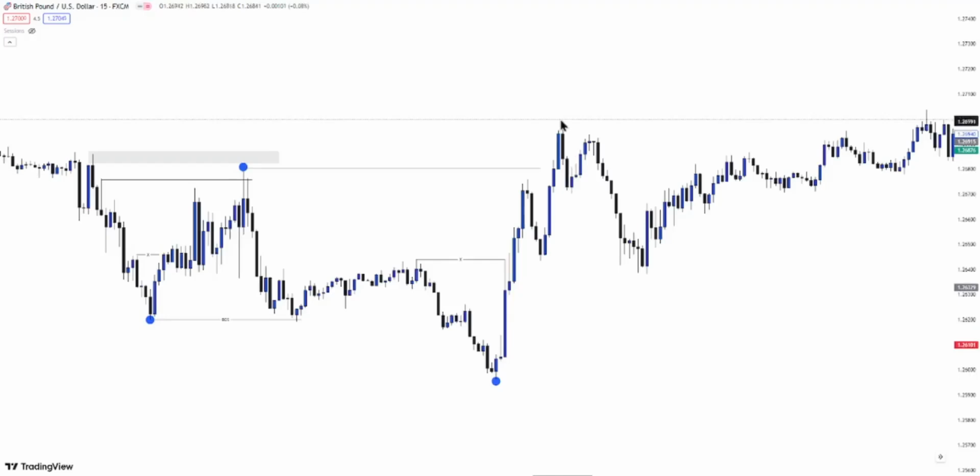But eventually it took out inducement here. Look at the inducement. It took it out here, to confirm that very high. So this high becomes your new high in the market.